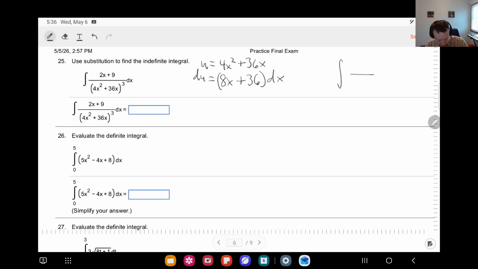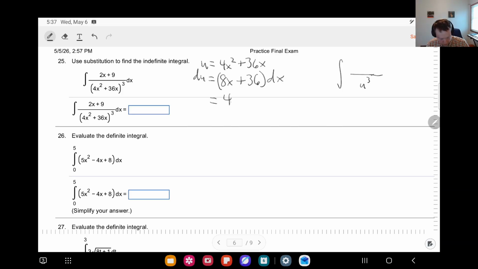Well, the denominator is in good shape now, just u cubed, and we'll have some sort of du over here. But notice that I haven't yet really dealt with that 2x plus 9, unless you notice that this here is just a multiple of that.